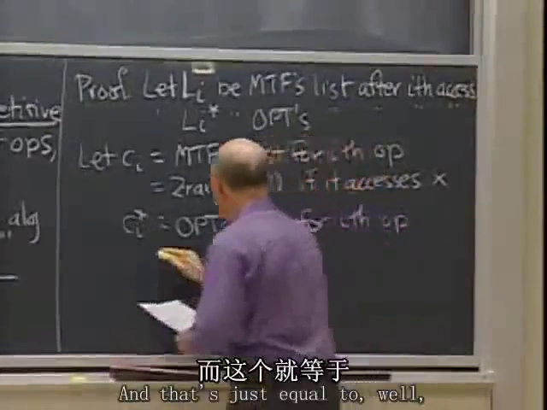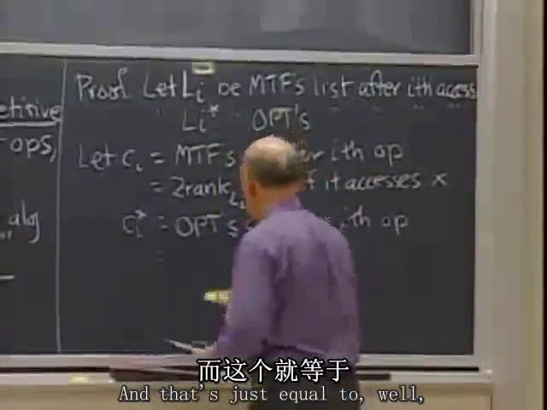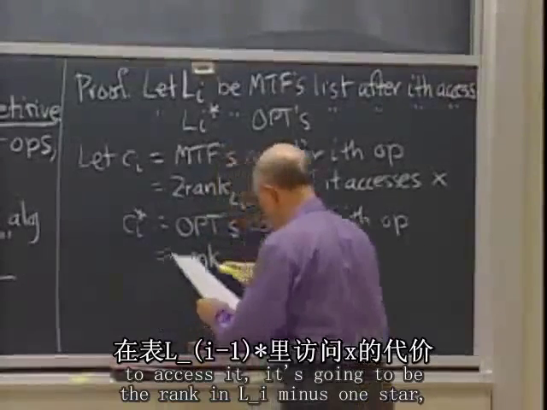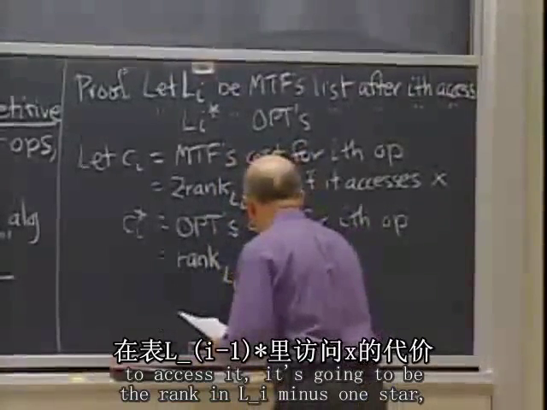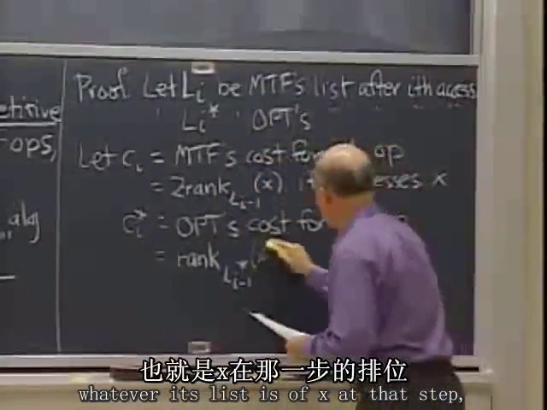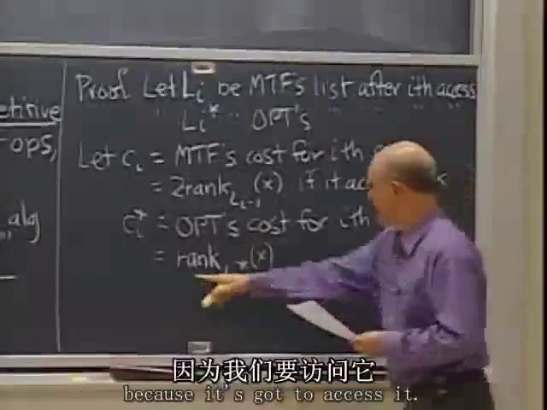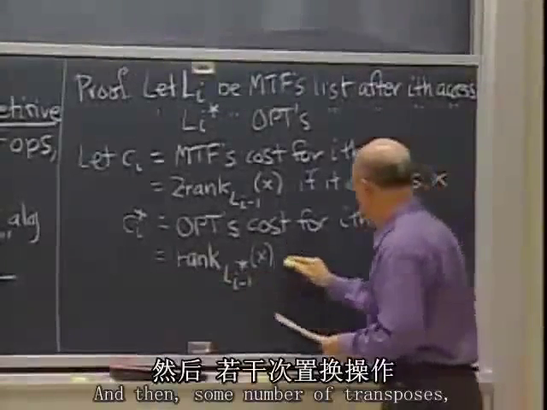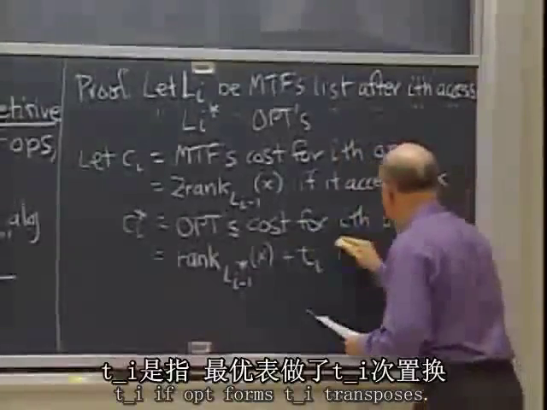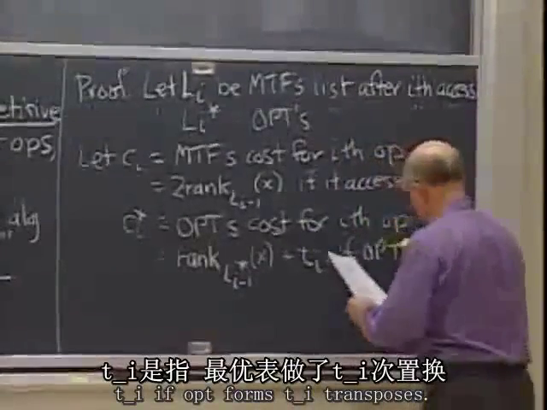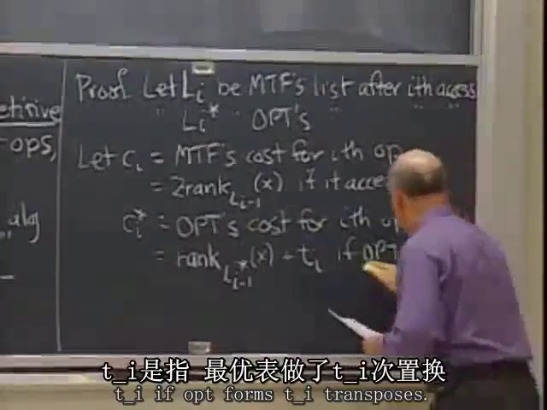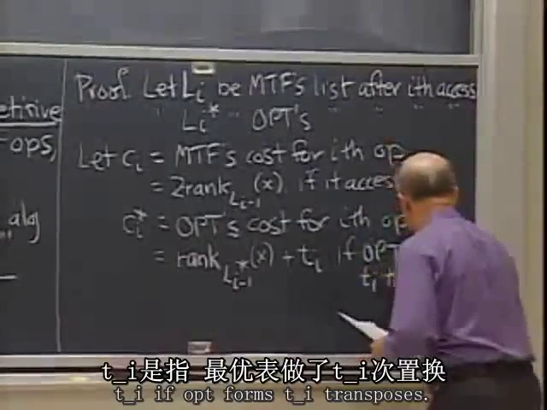And that's just equal to the rank in L sub i minus 1 star, whatever its list is, of x at that step, because it's got to access it. And then some number of transposes, t sub i, if OPT performs t sub i transposes.